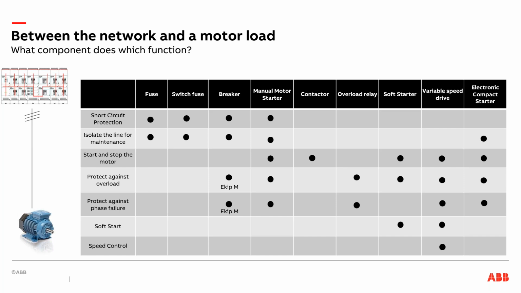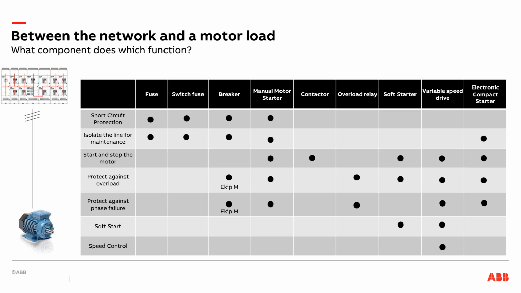When it comes to a soft starter, it can start and stop. It can protect against overload, and of course, it can give a soft start as well. A variable frequency drive can start and stop a motor, protect against overload, protect against phase failure. Yes, it has phase failure protection as well, plus soft start and speed control.